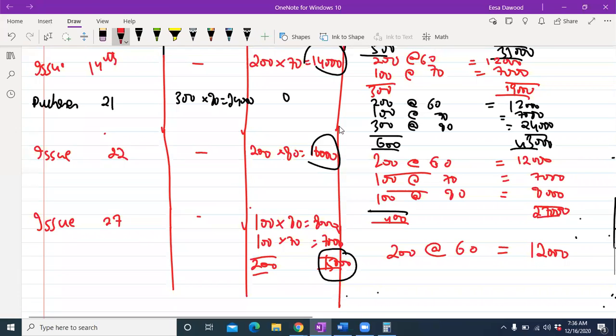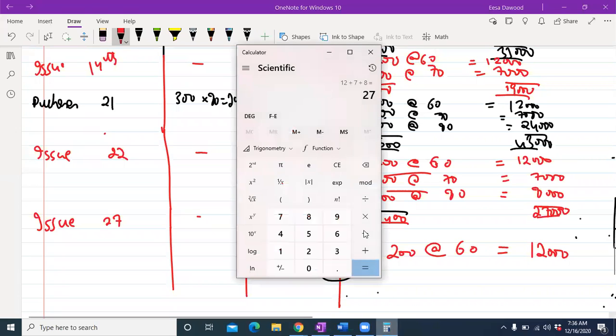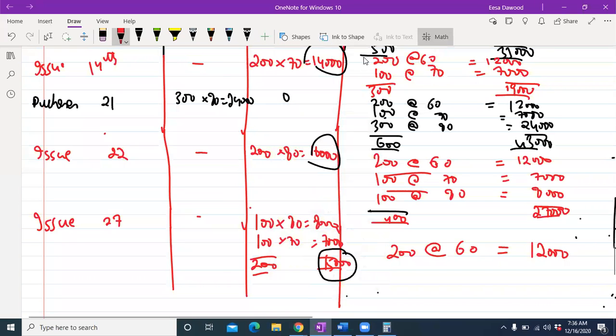It's 12,000 plus 14,000 plus 16,000 plus 15,000. What is it? 57,000. Very good.